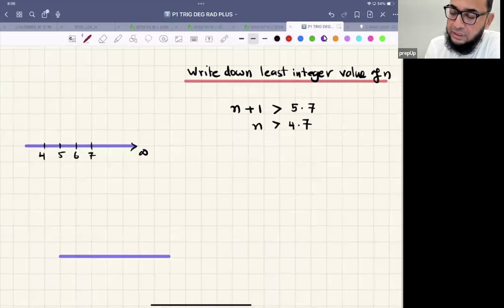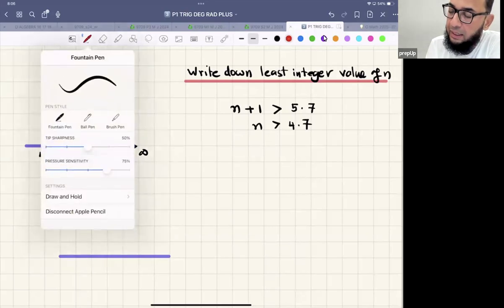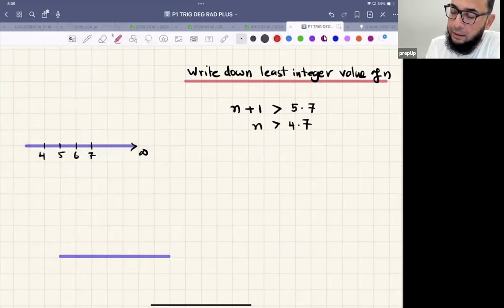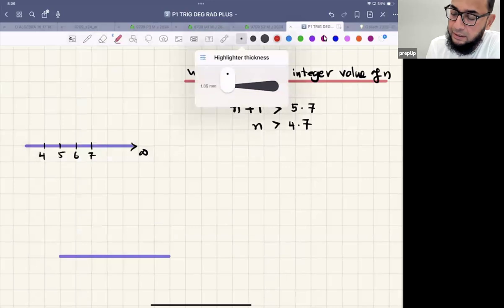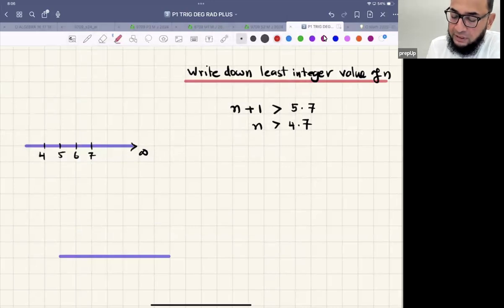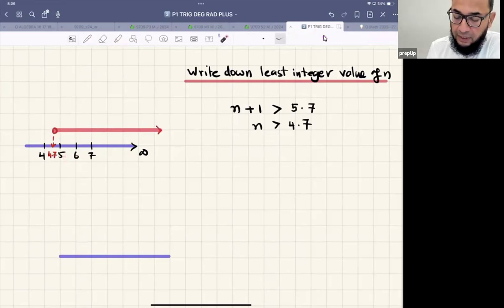So let me use a red line over here, and make it thicker. So 4.7 is somewhere like this. So this point over here, that is 4.7. n is greater than 4.7. There are many values. The next value is 5, then 6, then 7.